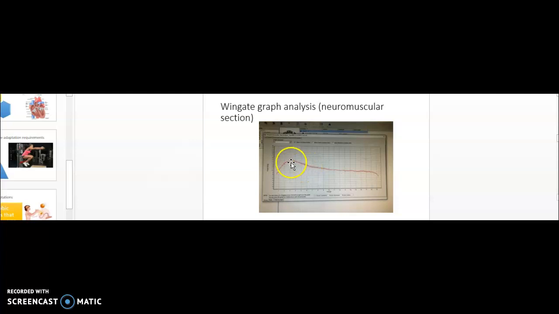As you can see in the graph above, peak power is here, and with these adaptations that were just mentioned taking place, this would allow peak power, instead of just decreasing straight away, to plateau at the top here, and you would see peak power held for a couple of seconds.